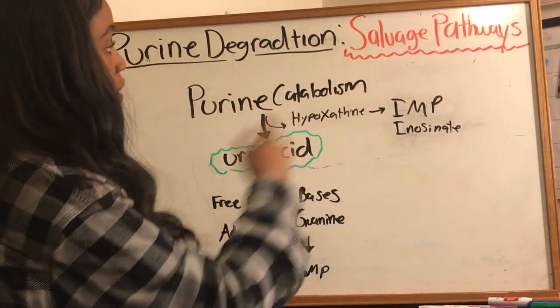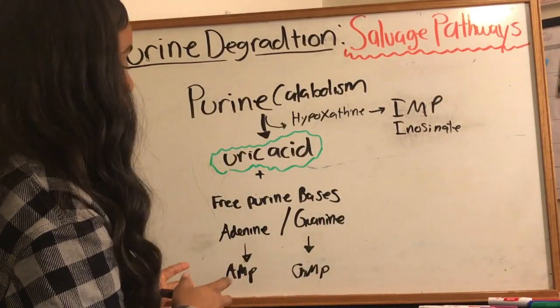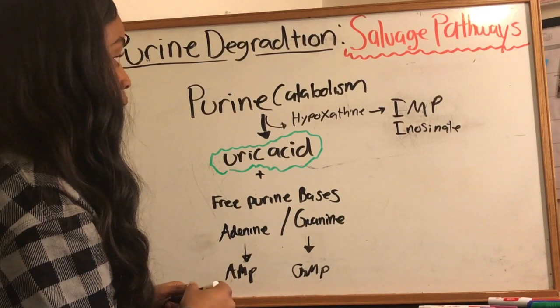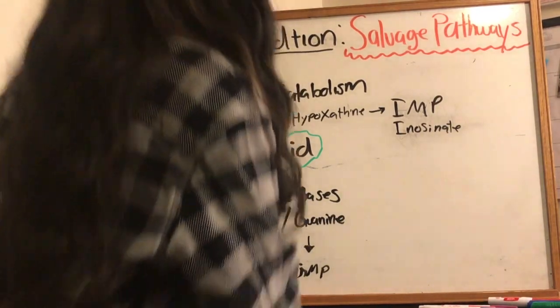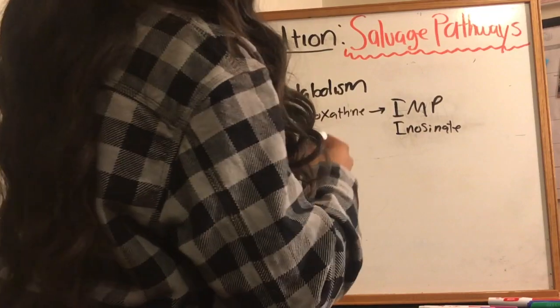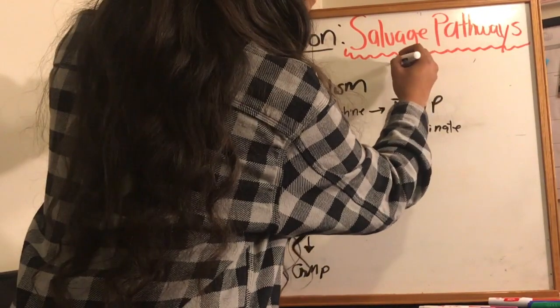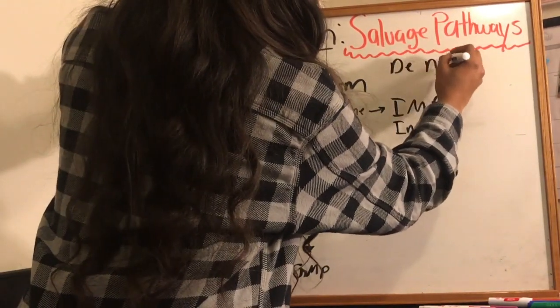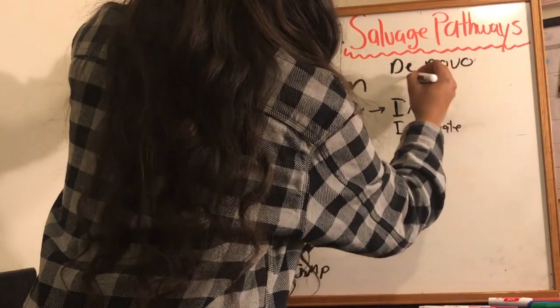So the salvage pathway is an alternative way to synthesize nucleotides besides our biological pathway known as the de novo pathway.